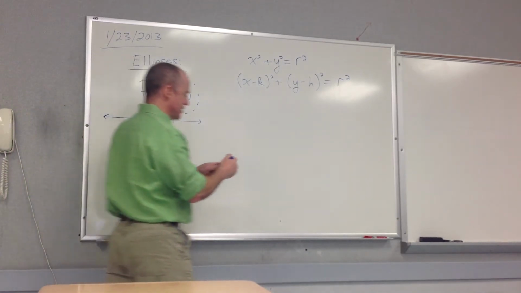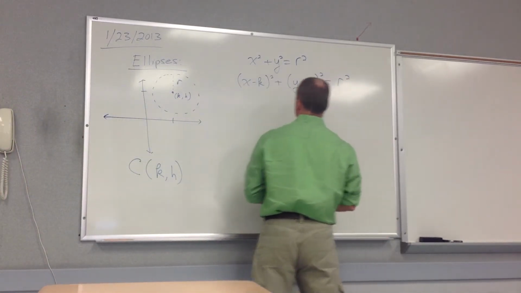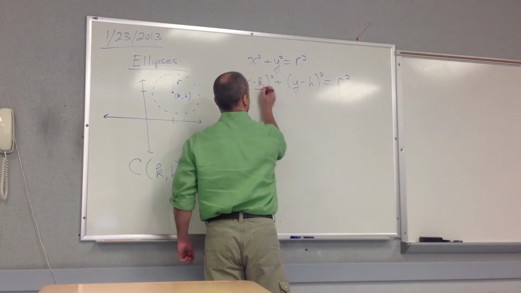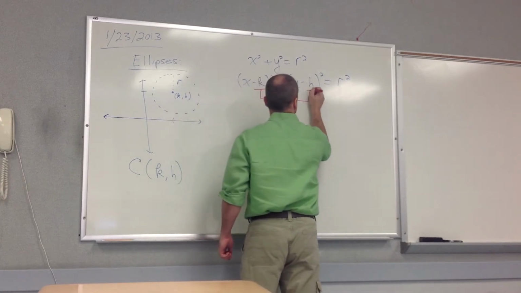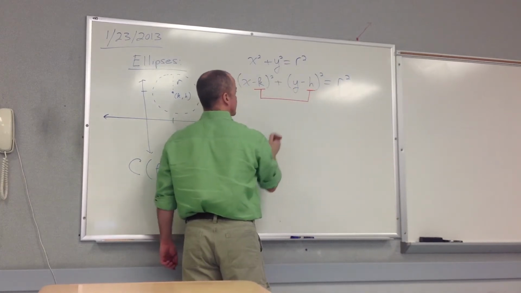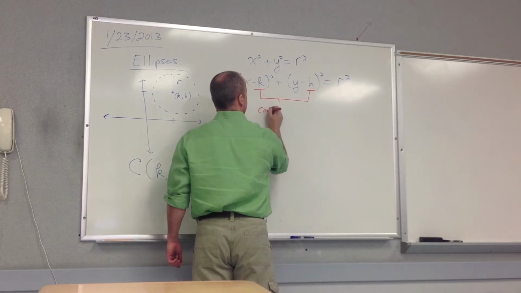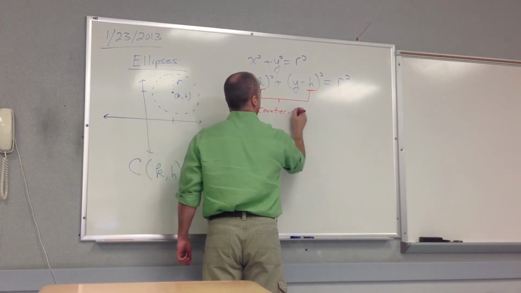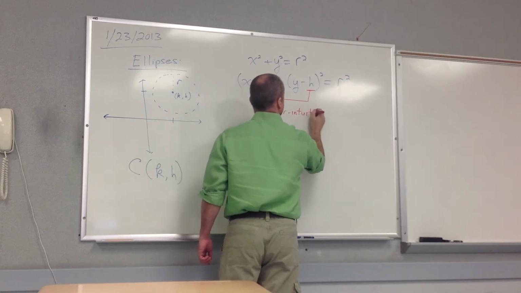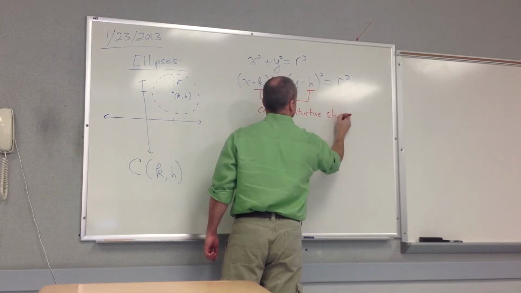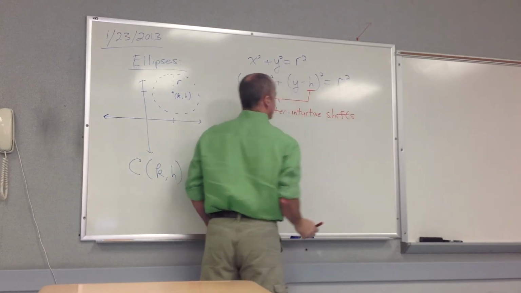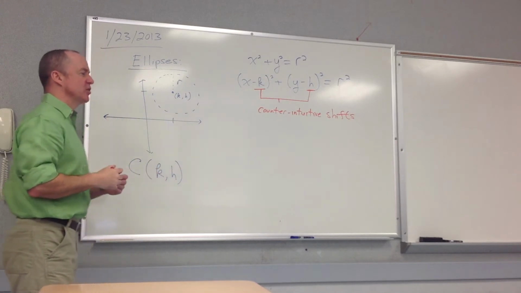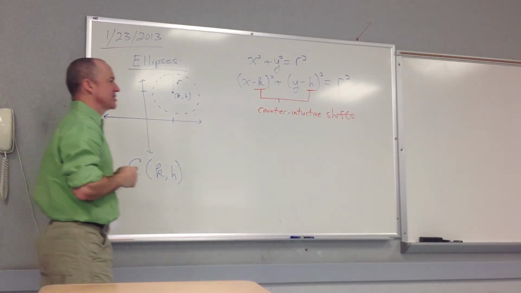Both of these shifts, in this case, we talked about this before with sines and cosines, but both of these are what I always call counterintuitive shifts, which means they go the opposite of the direction you would be most likely to first guess.